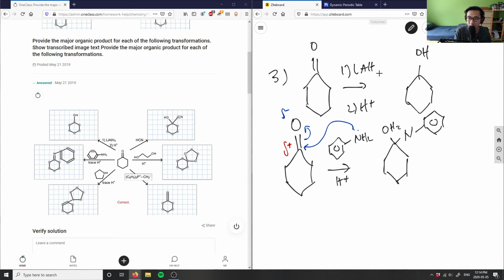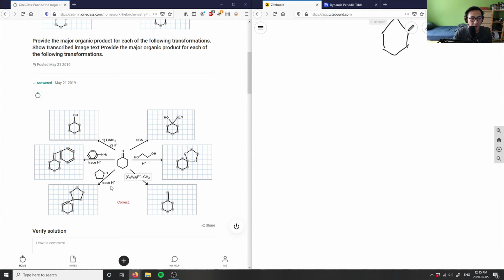This will have a positive charge now, and the lone pair from the nitrogen will collapse here and kick out this OH group to form our final product, which is the cyclohexane group double bonded with the nitrogen, and then bonded to the benzene group here. So this here is our correct answer. Number 2 here is correct. So this is great also.